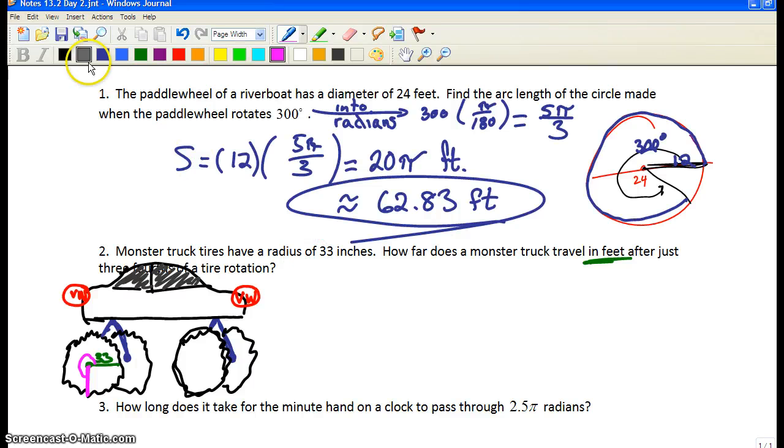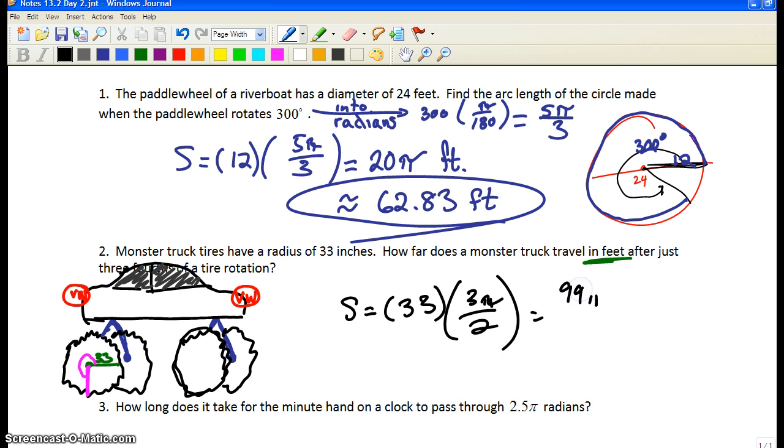So our calculations, S equals the radius, 33, that's the radius, times 3 pi over 2, which is going to be 99 pi over 2 inches. We're still in inches, right?